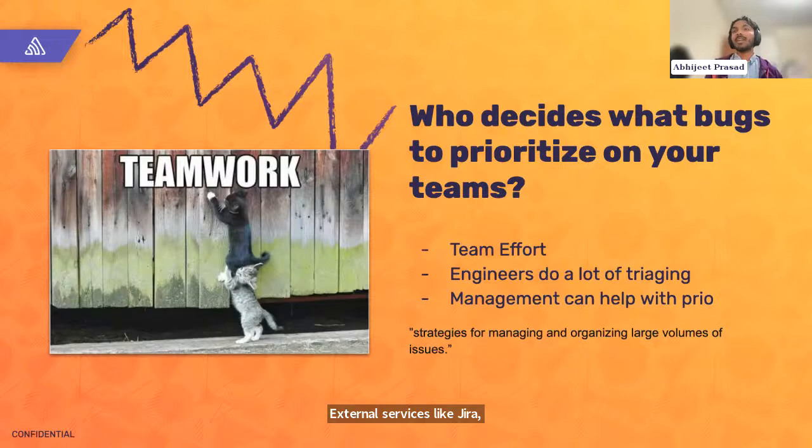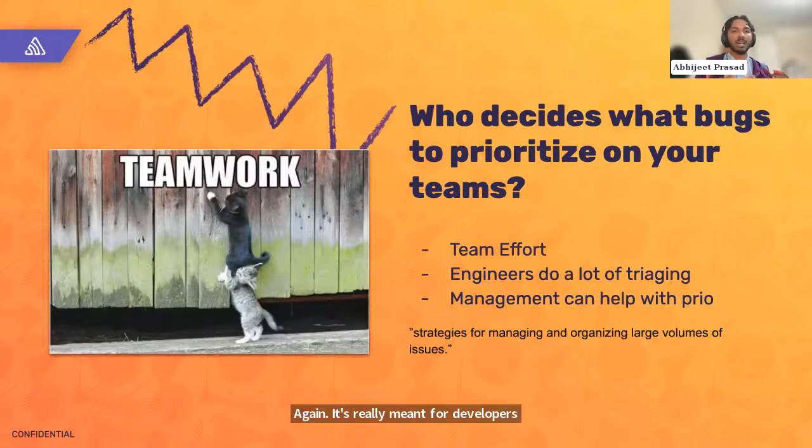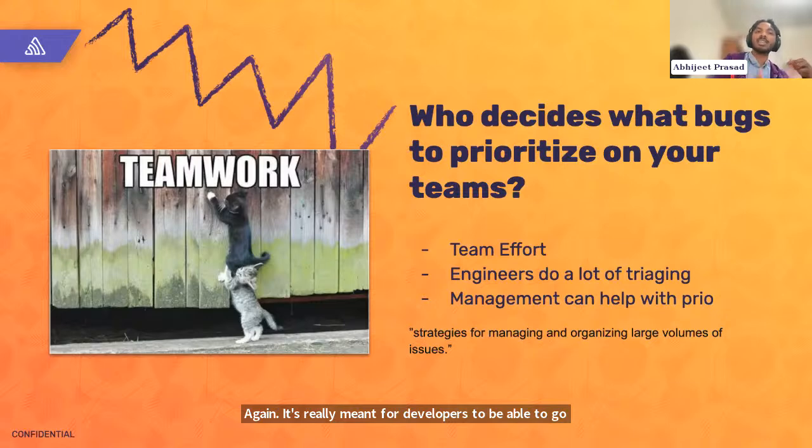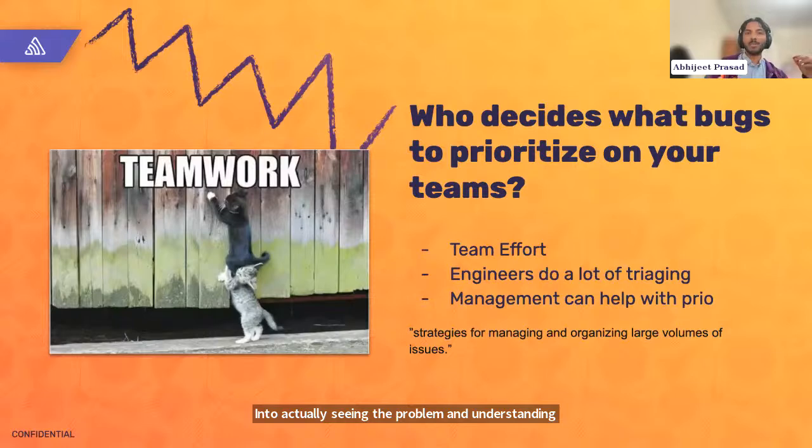This triaging process and prioritization process of what errors to look at and what performance problems to fix is based on your team and your company, how they're structured, and what the workflows there are. Again, it's really meant for developers to be able to go in and solve directly. And so hopefully they're the first line into actually seeing the problem and understanding it. But every company's different, right?